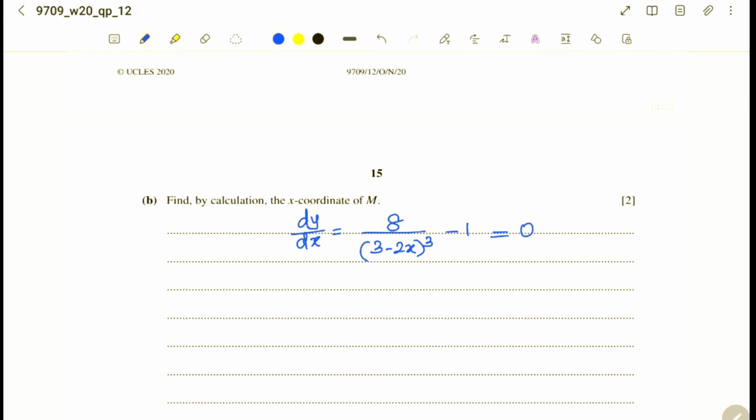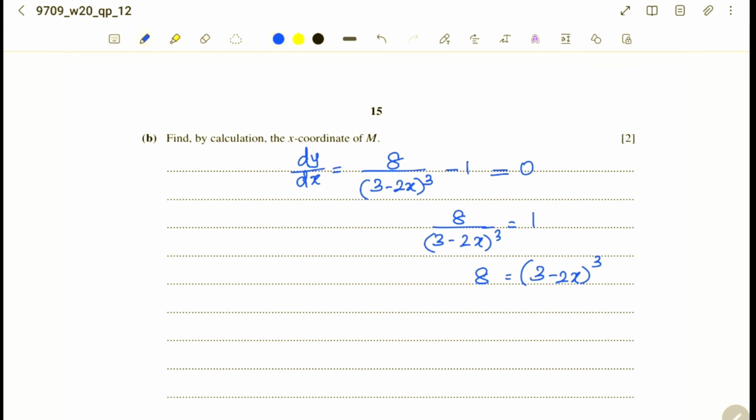Okay. So we can write 8 over 3 minus 2x the whole power 3 is equal to 1, or we can write 8 is equal to 3 minus 2x the whole power 3, or we can write 3 minus 2x equal to 2.